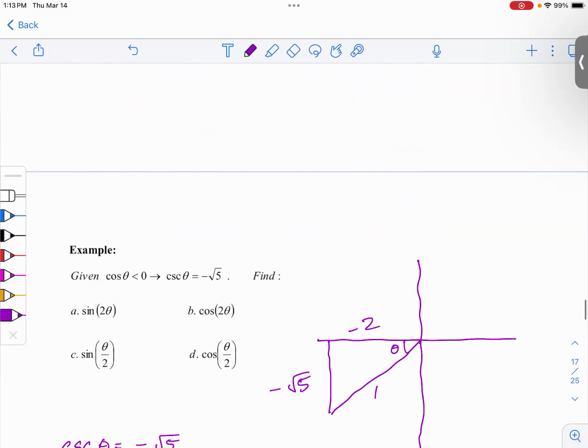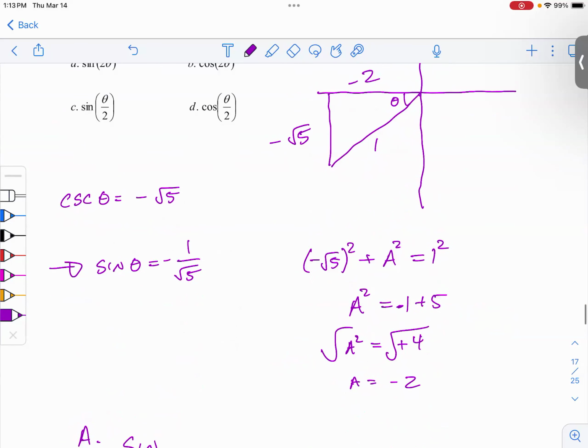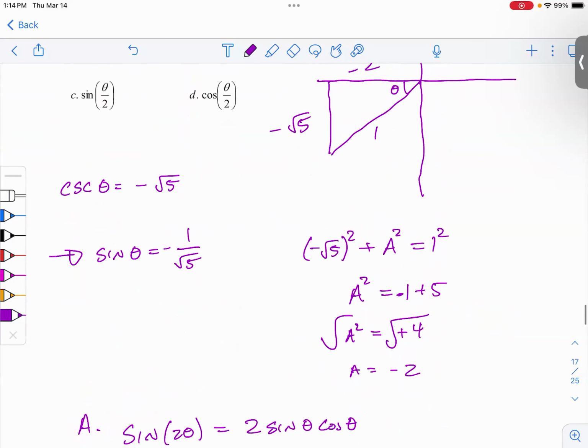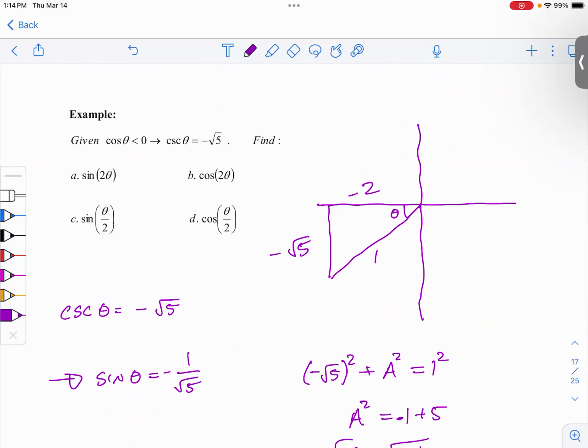And then we were looking for some double angles, sine 2 theta, cosine 2 theta, and then some half angles. So let's start with doubles. Those are the easiest ones because they translate directly. All I have here is my triangle with angle theta. Any adjustment on the inside of the trig function does not mean you just double all these values.